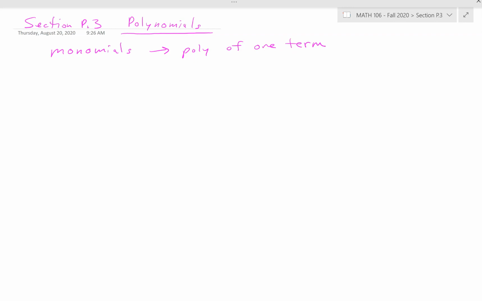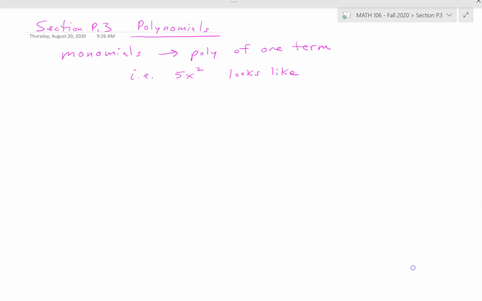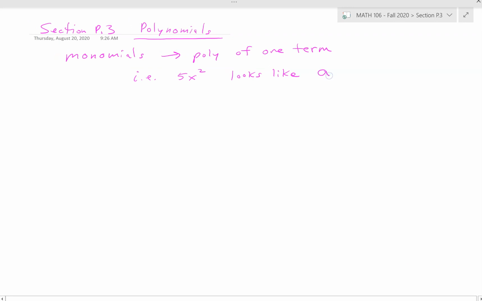Here, as an example, something like 5x squared. Now 5x squared looks like this. Because in math, we always try to give an example and then show you how it looks, like a typical example for a monomial. So this looks like a coefficient a, and then some variable, in this case x, raised to some exponent k.